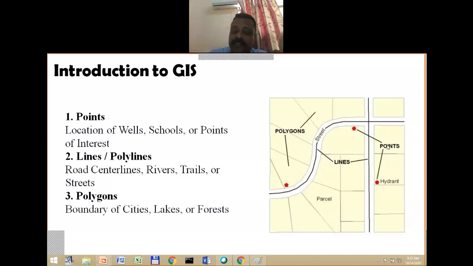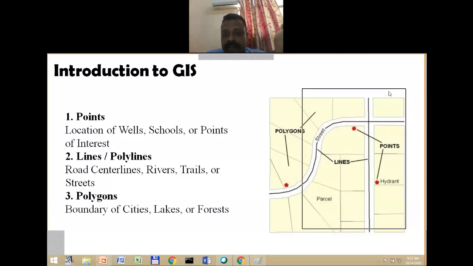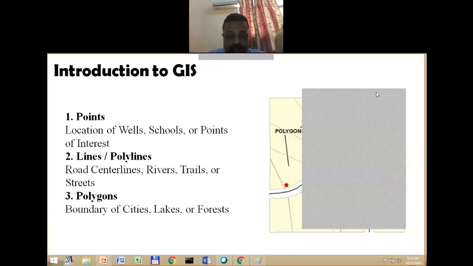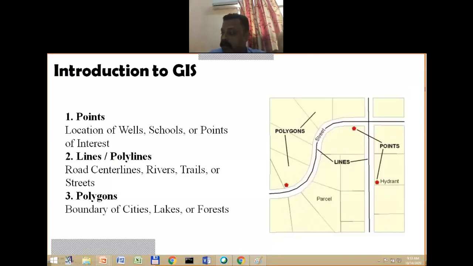Those from science background, actually, this is nothing to do with science or art or humanities background, but these are some of the things that we learned during our school days. So remember the elementary school mathematics. If you want to describe a point, what is the definition of a point? Anybody?